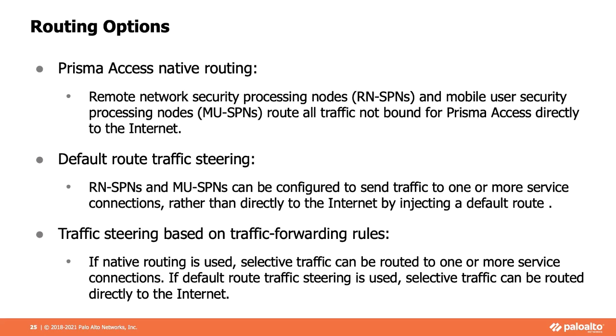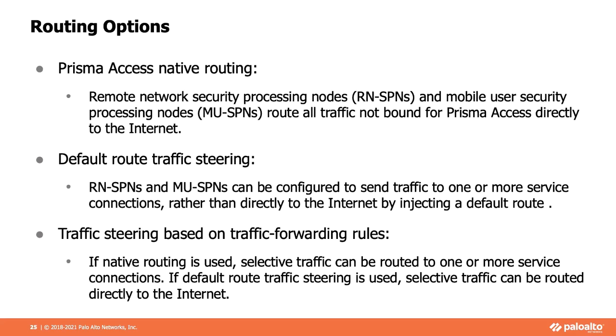We can use default route traffic steering to send traffic to one or more different service connections rather than out to the internet. So normally we would ignore any sort of default routes, but now we can pay attention to those. And then with our traffic forwarding rules, similar to what you would think about with your policy-based forwarding rules, we then have the ability to select traffic that we want to route in a different way and route everything else the normal way.